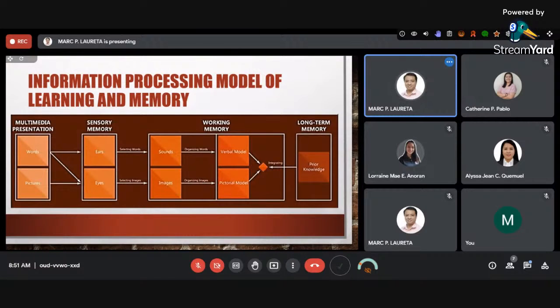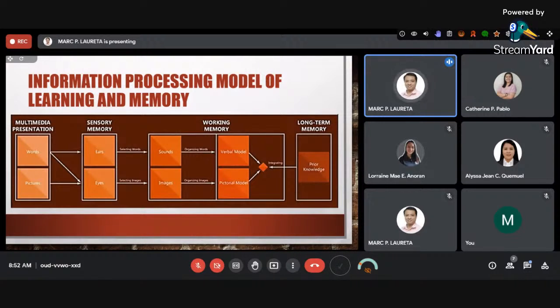Then eventually, the information, if needed, will go into our long-term memory structure, which is considered our prior knowledge for the future learning path. So that is how information flows into the memory of every individual.